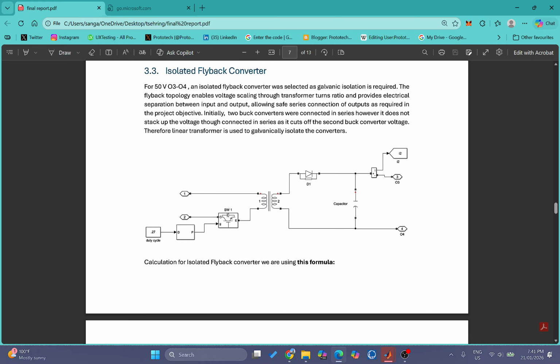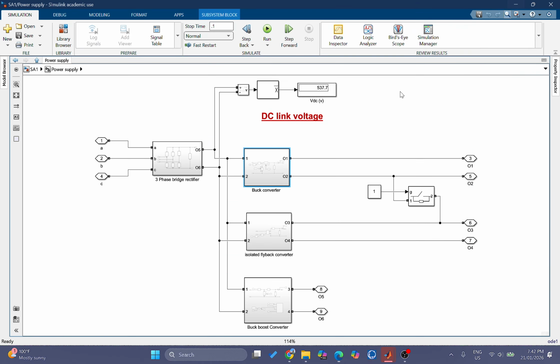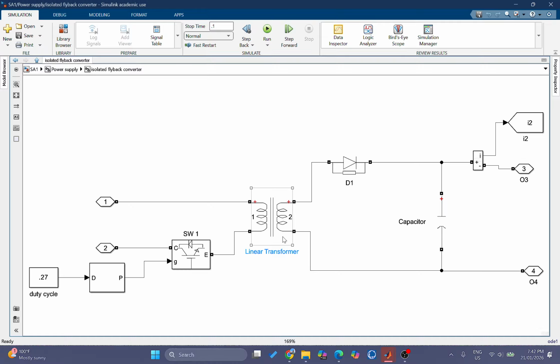Next is the isolated converter, 50 volt output. We require 50 volt output from the isolated flyback converter, which is electrically isolated from the other converters.